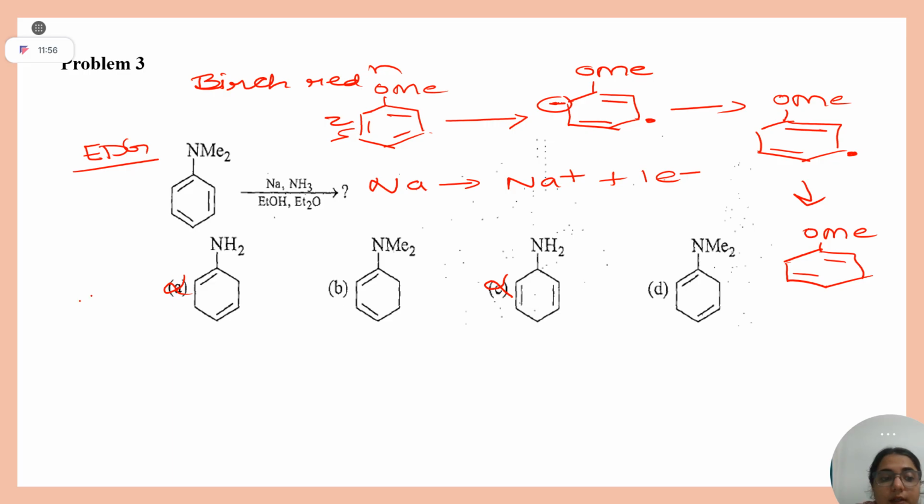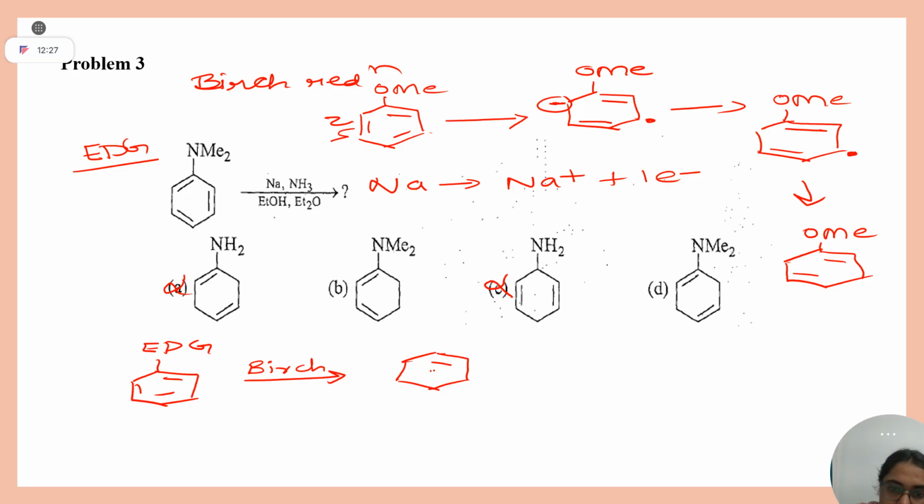Now you all know that there are two main conditions for Birch reduction. Let me write here. One is if there is an electron donating group attached to the benzene ring, and on the arrow it is given that you are having Birch reduction condition, what will you get? One double bond will be just next to that electron donating group, and the other will be parallel to it.